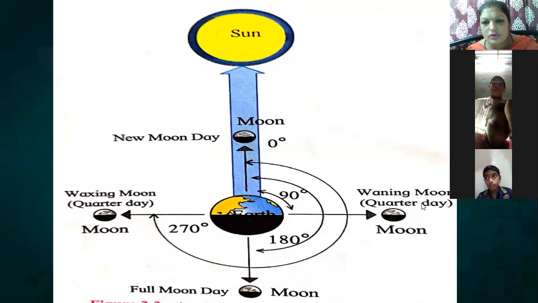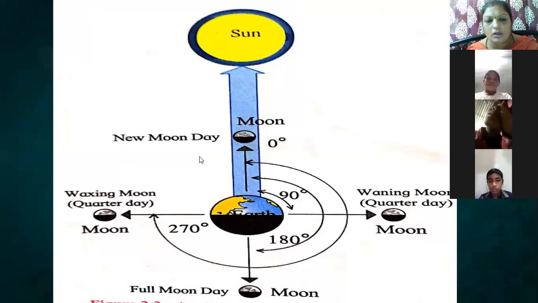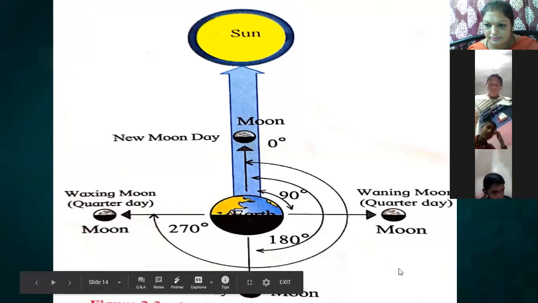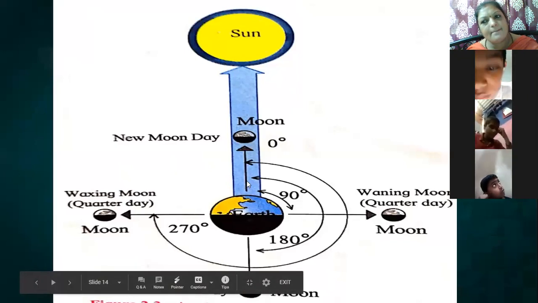And this happens only on the quarter days, waxing moon and the waning moon. So what we saw: the moon on a new moon day, 0 degree angle. Full moon day, 180 degree angle. And on the quarter days, 90 degree angle. This diagram is from the textbook. This diagram may come for the exam.